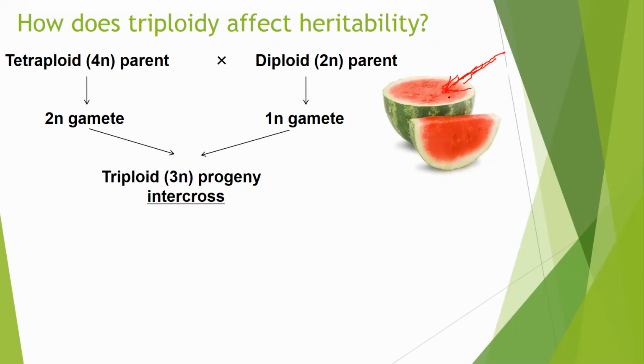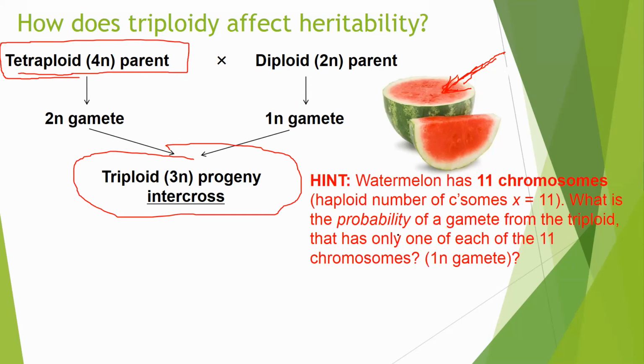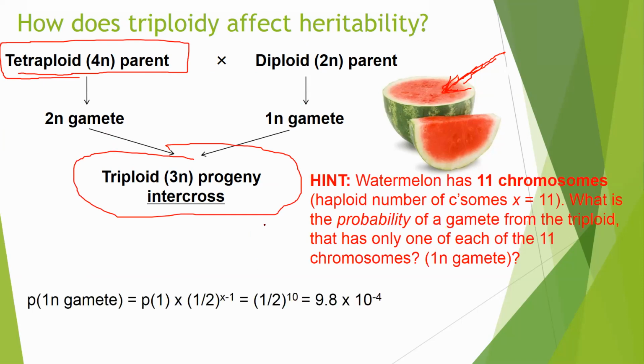Usually we have watermelon like this, seedless. This is because we can produce a tetraploid watermelon from the diploid, and then we can cross the tetraploid with the diploid to generate the triploid individual. Then this triploid individual will be seedless.